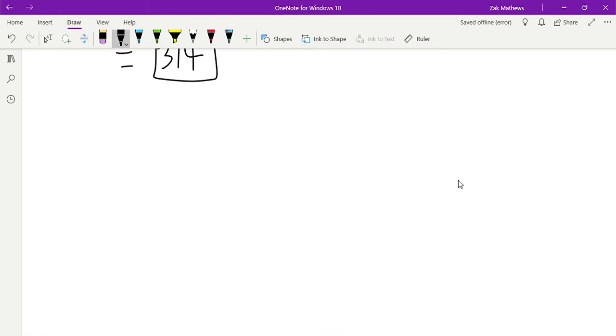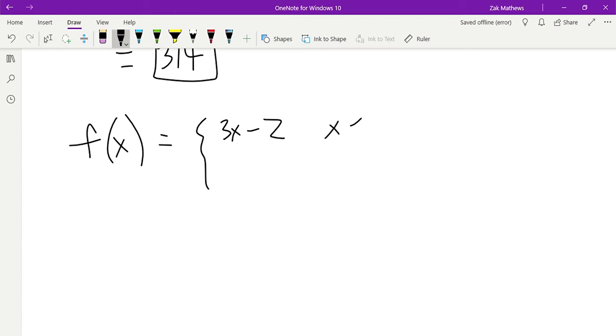So let's look at one a little bit different that we have to think about more carefully. Let's look at f of x as a piecewise function. This piecewise function is 3x minus 2 for when x is less than or equal to 0, and it's the square root of x plus 5 when x is greater than 0.